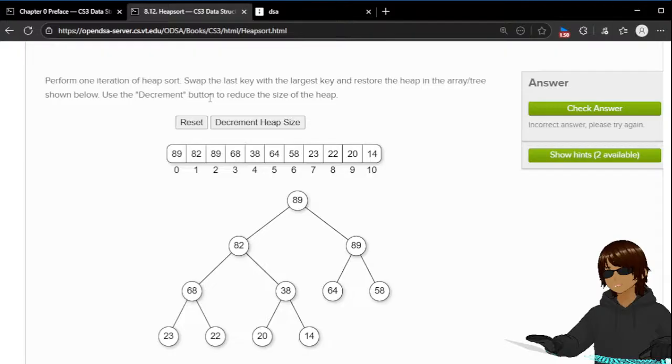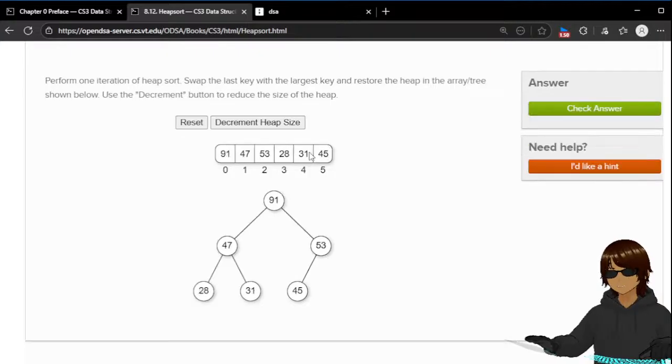Use the decrement button to reduce the size of the heap. 89 and 14 swap, decrement. So is it the largest child that goes up? So checking the two children, the largest goes up. Checking the two children, it's the largest that goes up.